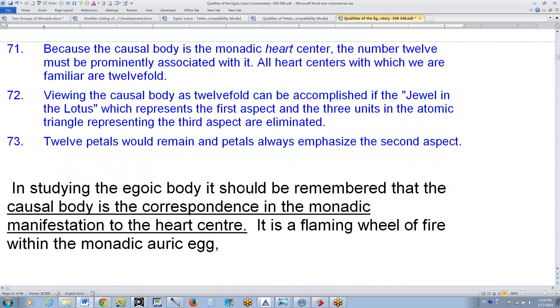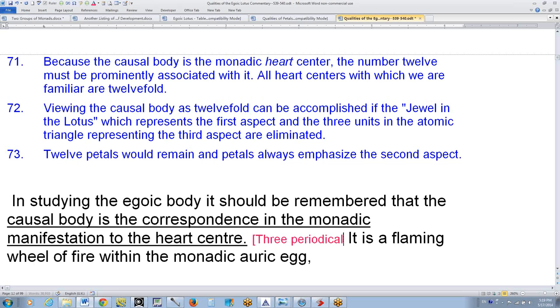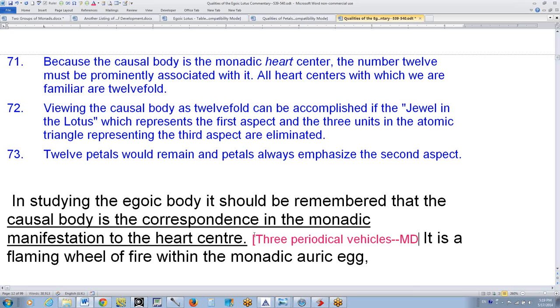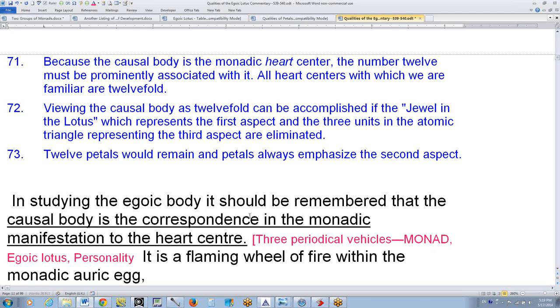So in studying the egoic body, he says, it should be remembered that the causal body is the correspondence in the monadic manifestation to the heart center. It's a threefold manifestation. We can call it the three periodical vehicles: Monad, Egoic Lotus, personality. Or maybe we should call it soul, Egoic Lotus.